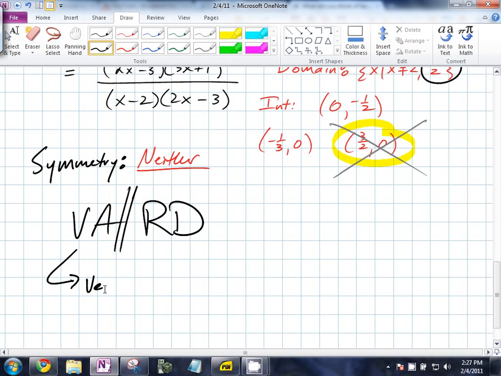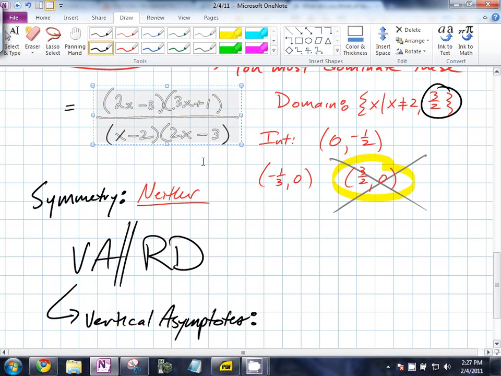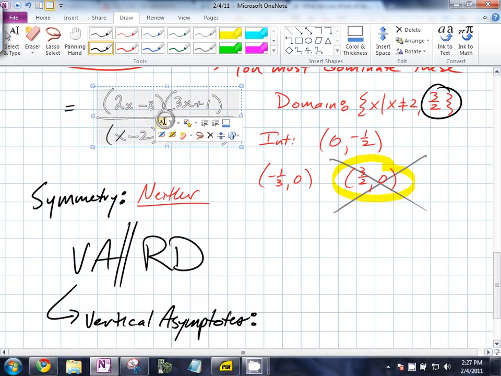Vertical asymptotes. So what canceled here? Here's our original function right here.